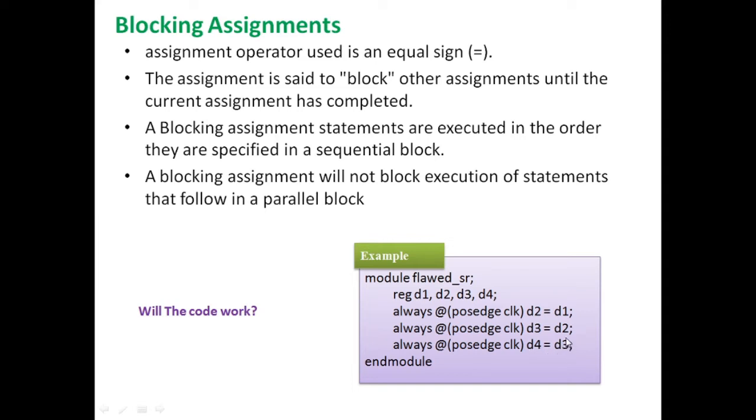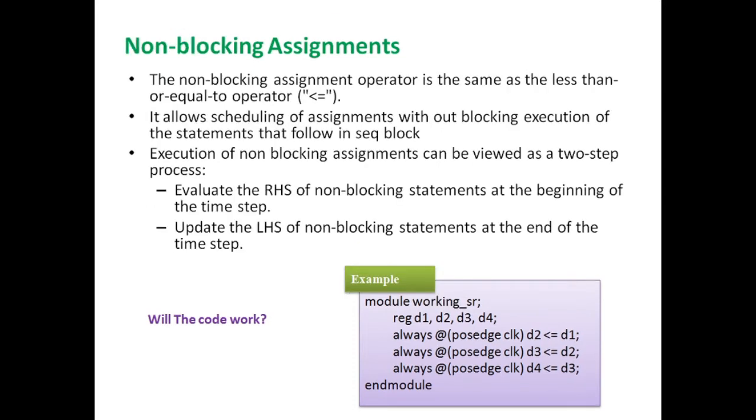D3 receives the value from D2 after D2 has received the value from D1. So the execution is followed step by step. Now my question is, will the code work? Just answer this question after running a simple program.